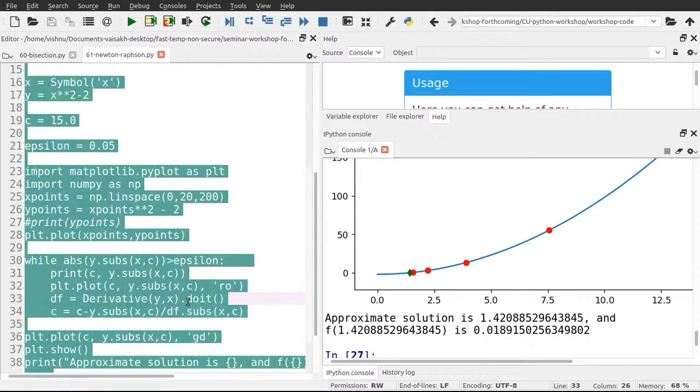Let me just update the Google Sheet with this, the complete program.